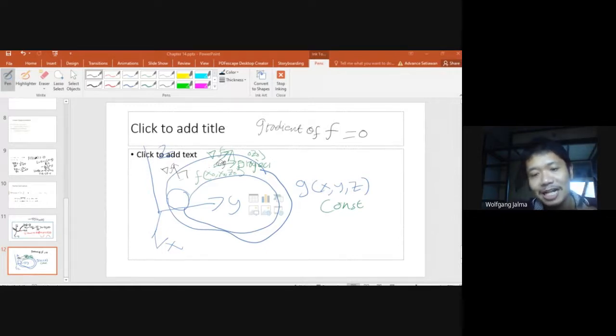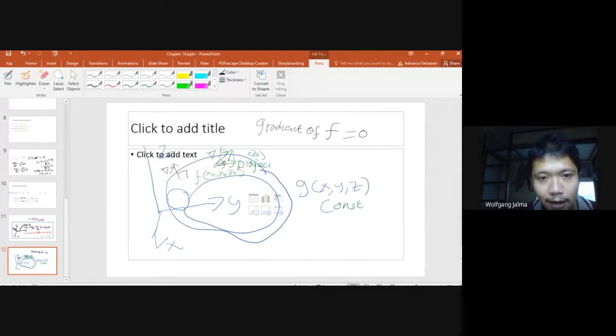Now because the gradient doesn't stay on the plane, it's maybe something like this. So if it is 0, it means that the gradient of f is perpendicular, normal to the constraint, to the donut. Okay.